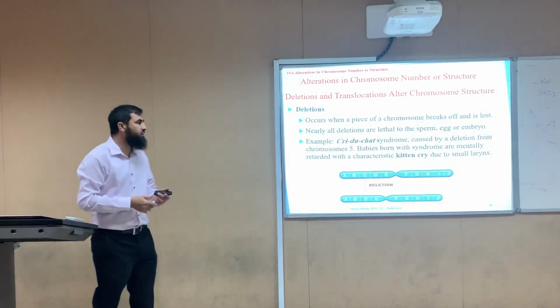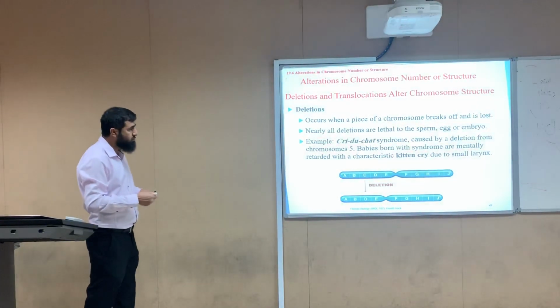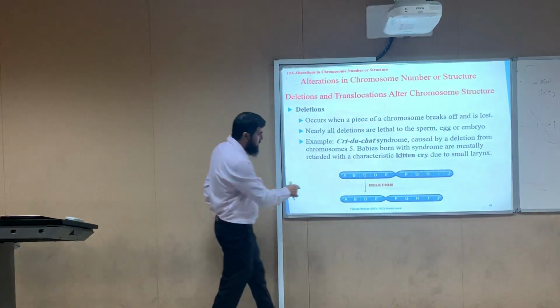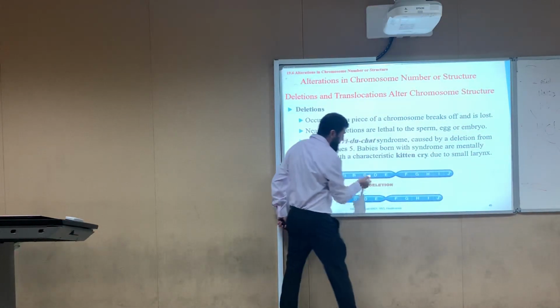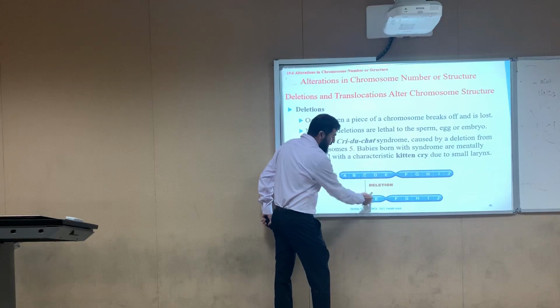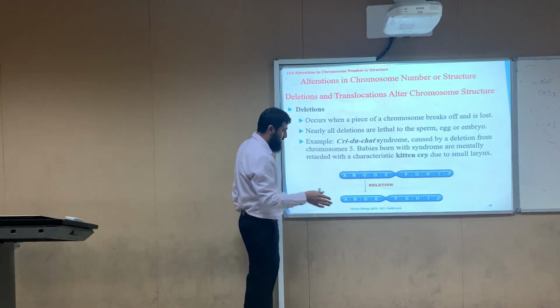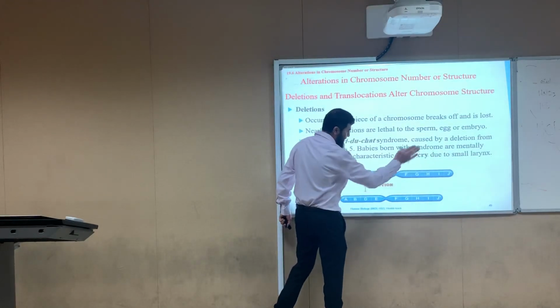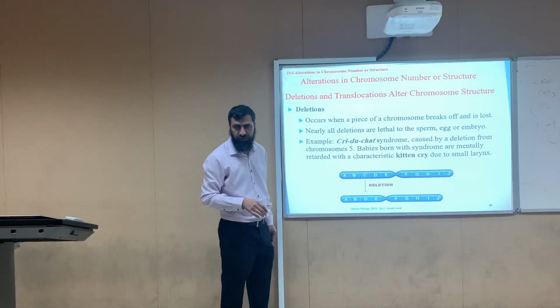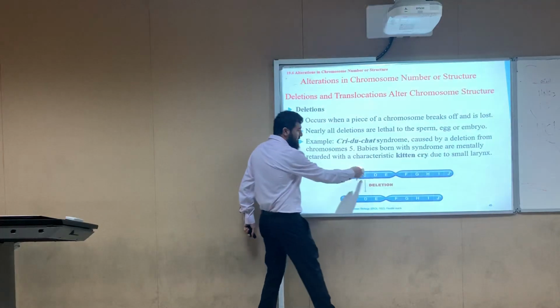So you can have a deletion in the chromosome. For example, if you take this chromosome and one part of it is deleted, now you have a chromosome with missing DNA. Are these alleles? No, these are just the chromosomes made into sections for you to visualize the deletion. So these are sections of the chromosome.